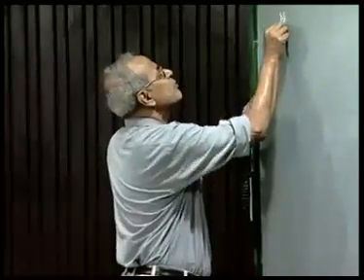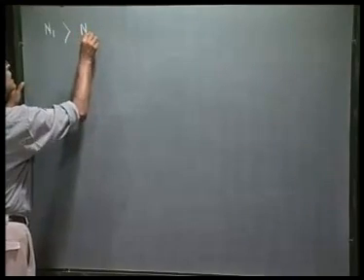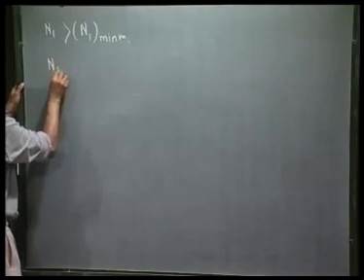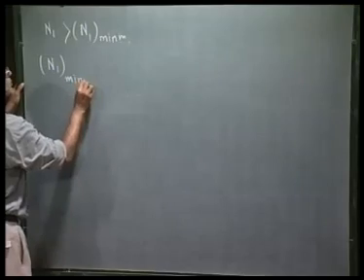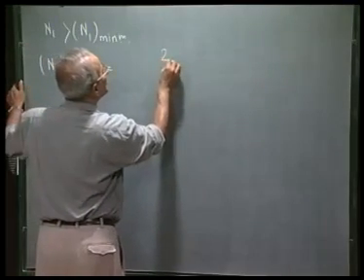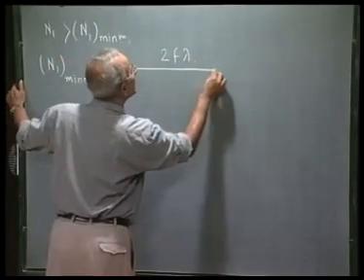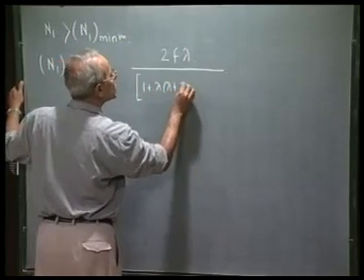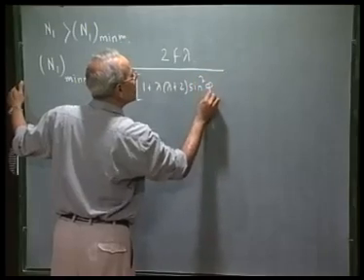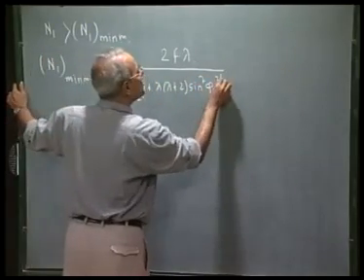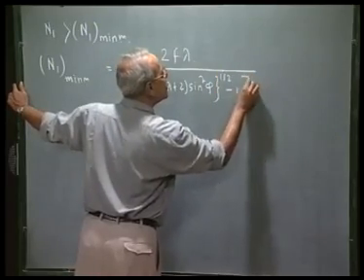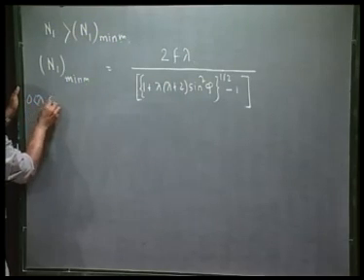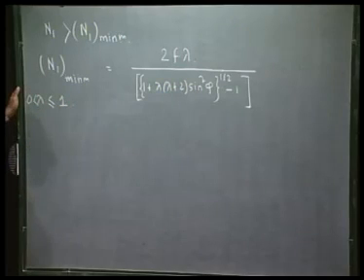Number of teeth on a pinion must be greater than N1 minimum, where N1 minimum was given by 2f lambda divided by 1 plus lambda into lambda plus 2 sine squared phi to the power half minus 1, where lambda by definition is between 0 and 1.